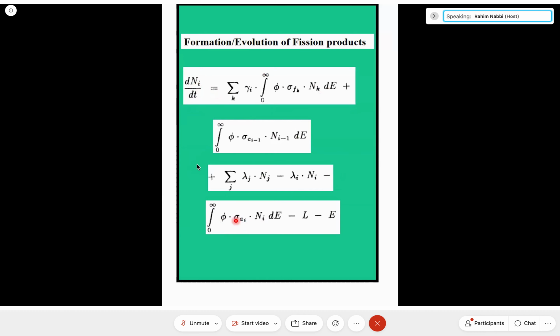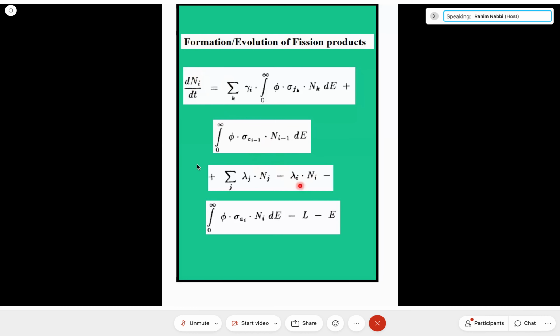So the other one, every fission product is a radioactive material, with a half-life and so on. That means it gets lost with the decay constant lambda I, multiplied by its number density. The same as here. Good.